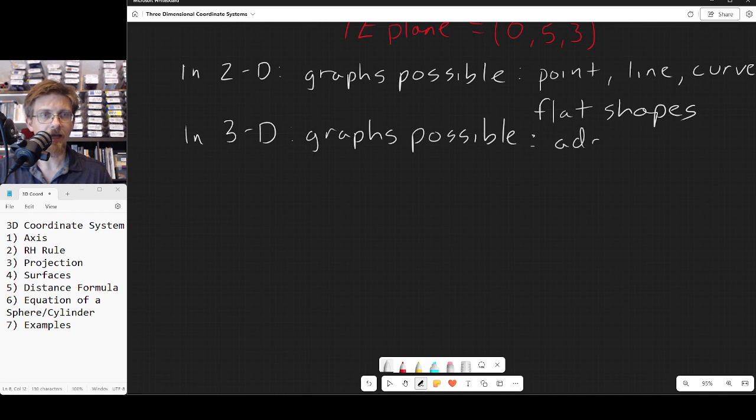So we're going to add surfaces and volumes. That's the thing we're really going to explore over the next several sections: how calculus and math work in three-dimensional space.